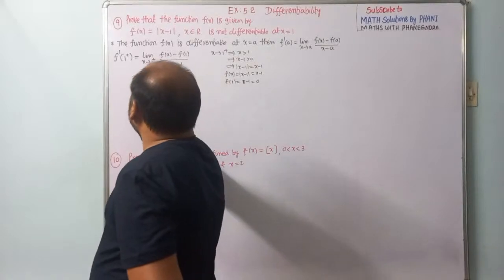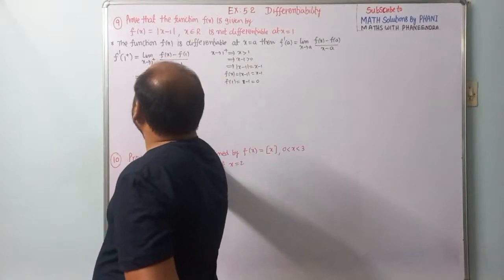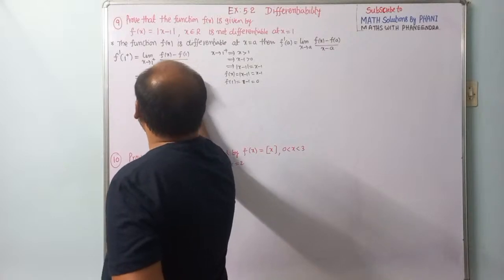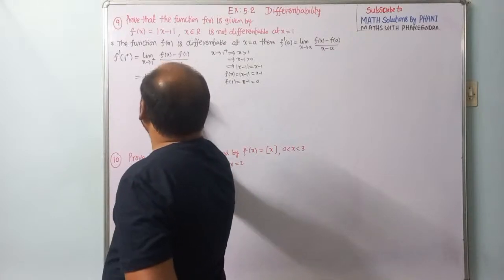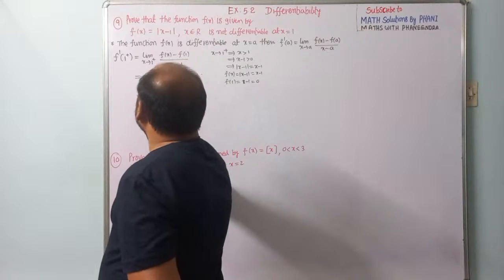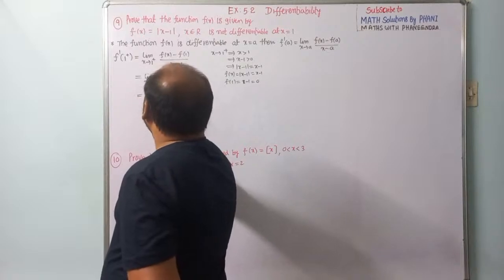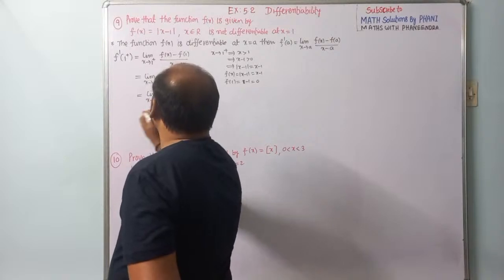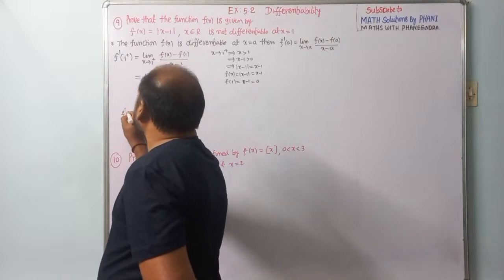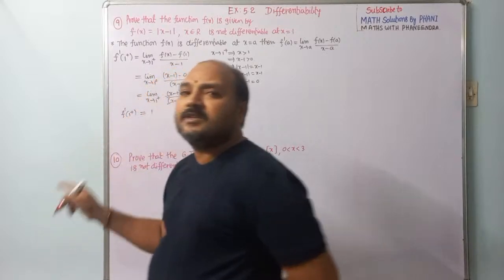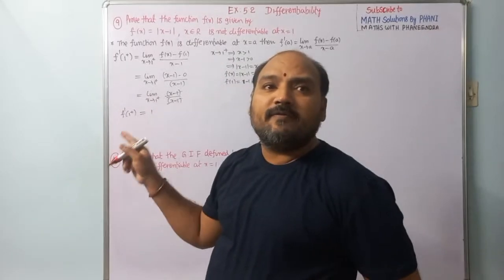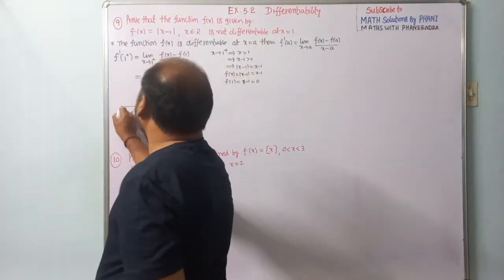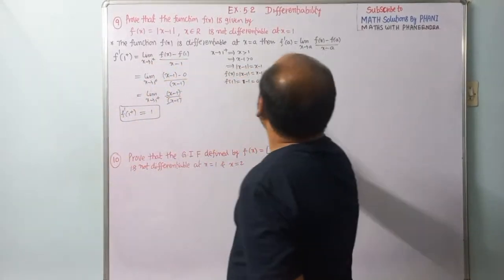Substitute in the limit: x tends to 1 plus, f of x value is x minus 1 minus 0 by x minus 1. So limit x tends to 1 plus, x minus 1 by x minus 1, both will be cancelled. The limit of a constant is constant, so f dash of 1 plus is 1. This is the right hand differentiability, equation number 1.